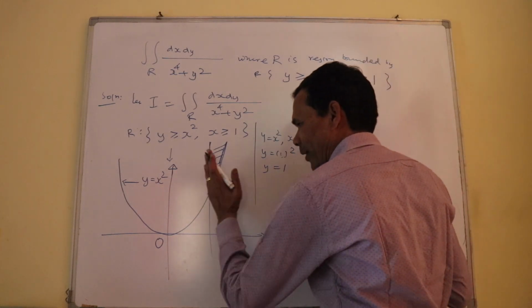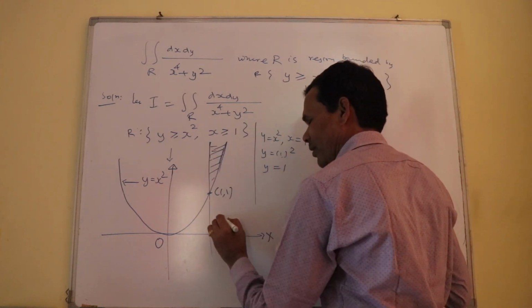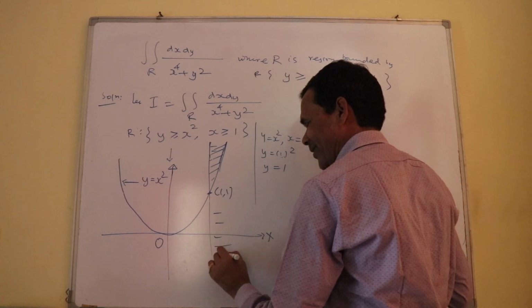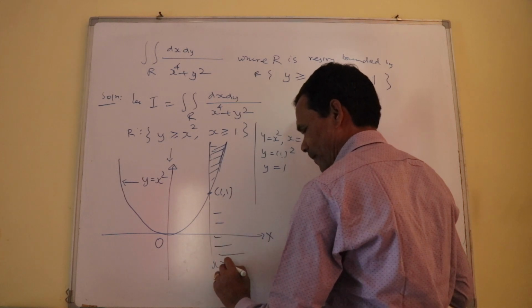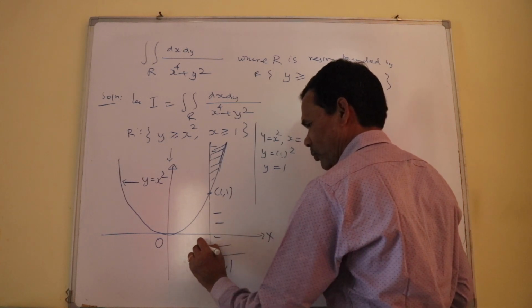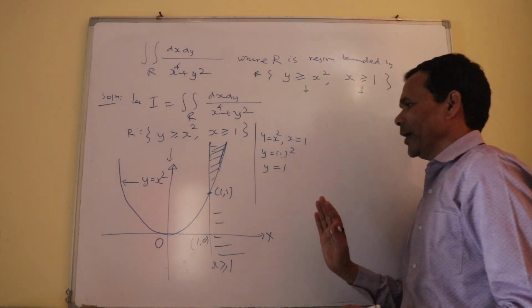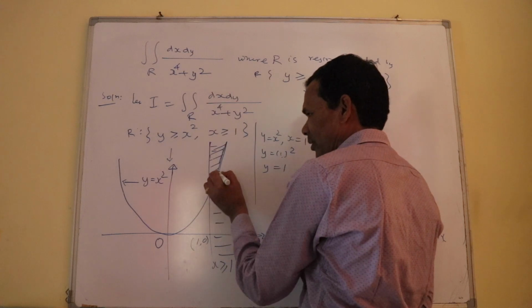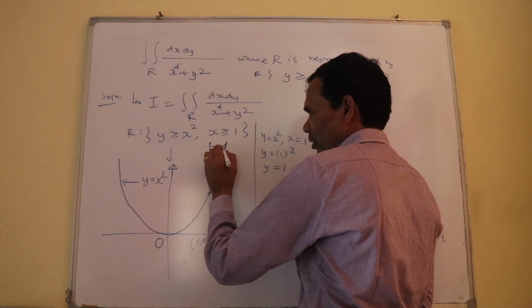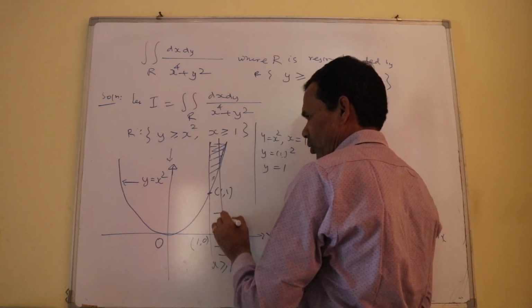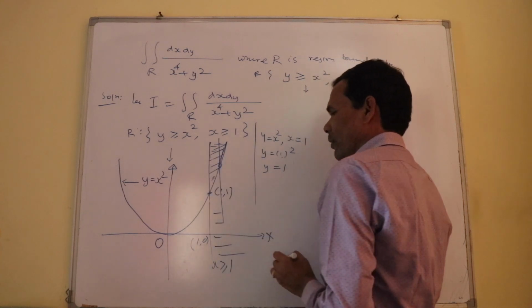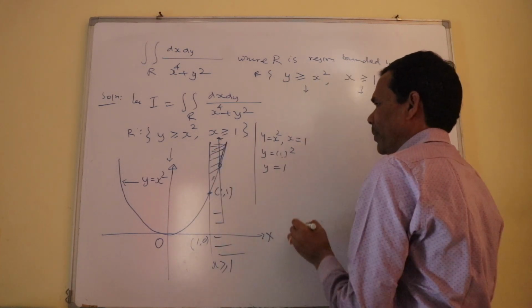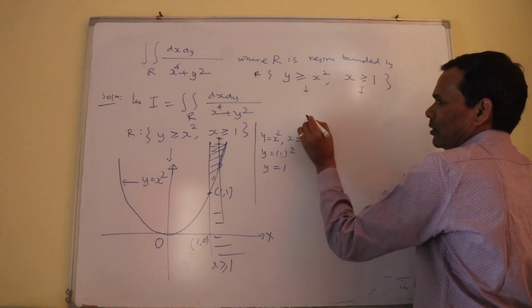x greater than 1 means this region is here. So this is the portion x greater than 1, because this point is 1, 0, x greater than 1, and y greater than x square means it is this portion. So this is the region. Now I draw the vertical strip here, a vertical line in the region of integration to find out the limits.